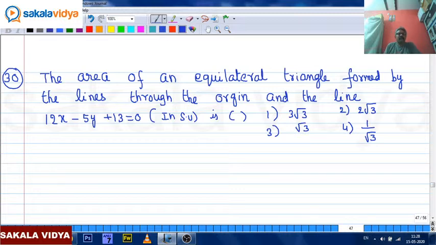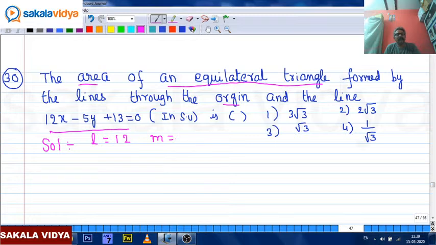Right, so now let me complete. The area of an equilateral triangle formed by the lines through the origin and this line. So solution: here L is equal to 12, M is equal to minus 5 and N is equal to 13.